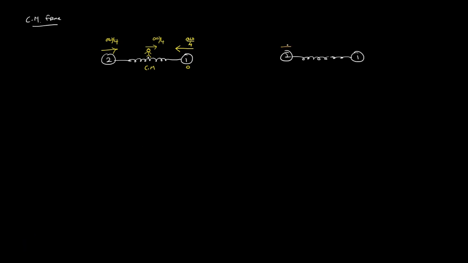So this will move with a omega by 4 and this will move with a omega by 4 in the backward direction, and net momentum has to be 0 because the center of mass frame we also call the zero momentum frame. Zero momentum frame means if you look from the center of mass frame, every particle's momentum gets cancelled out and ultimately net momentum has to be 0.